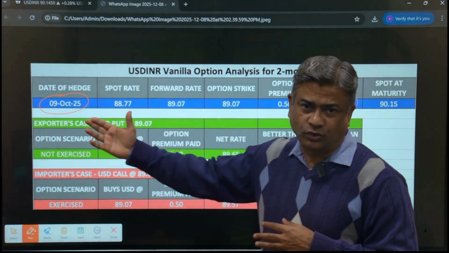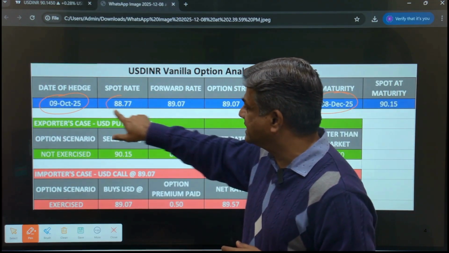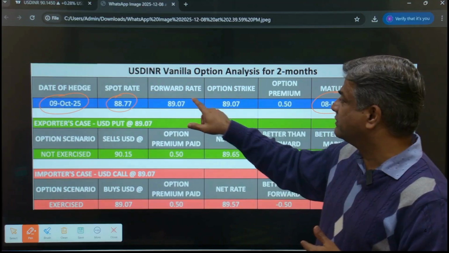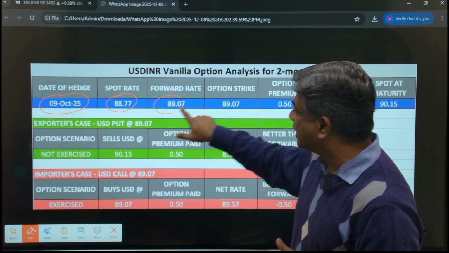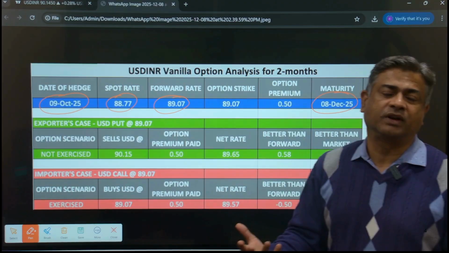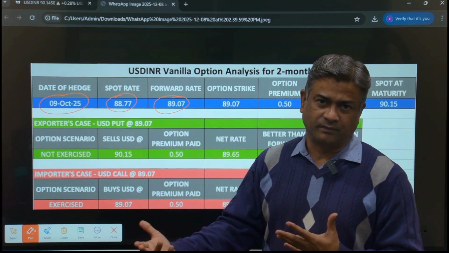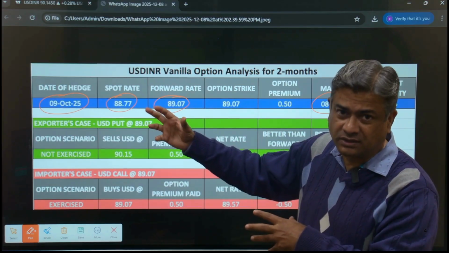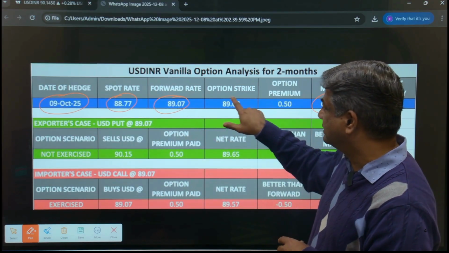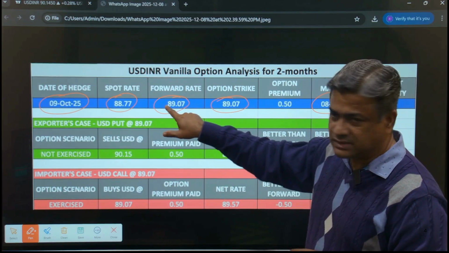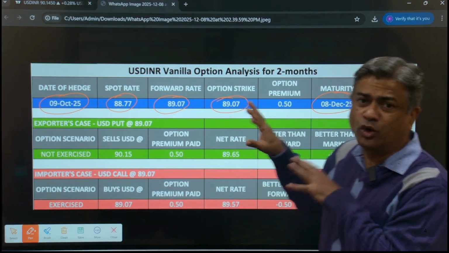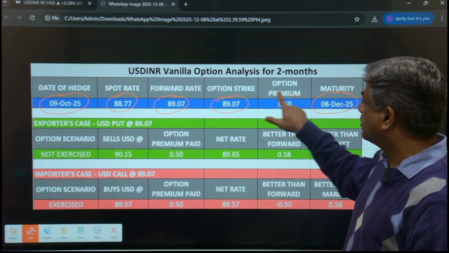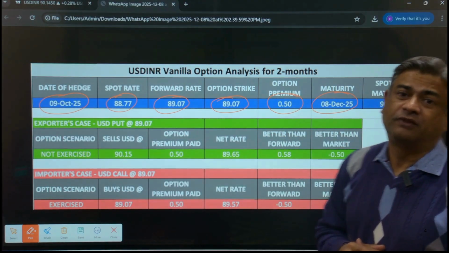On 9th of October, the spot was 88.77. If I would have done a simple forward, I would have received a premium of around 30 paise, so my forward rate would have been 89.07. Now, if I would have done an option at 89.07, that is, this is the strike price, this is the forward rate, I would have to pay an option premium of 50 paisa.